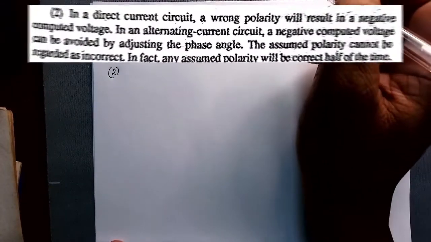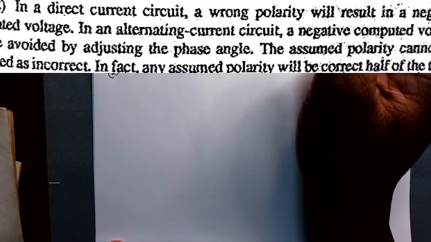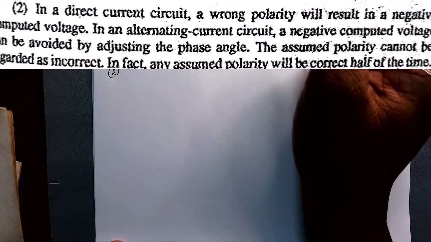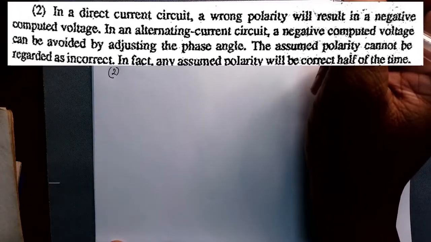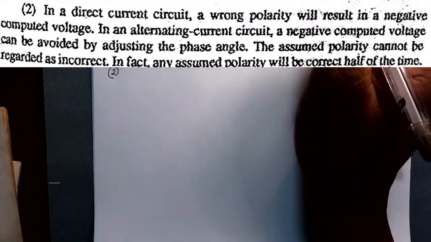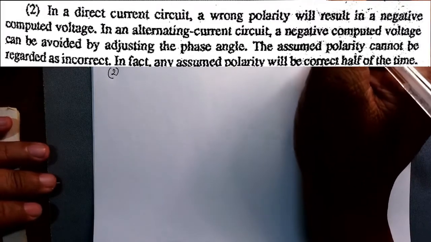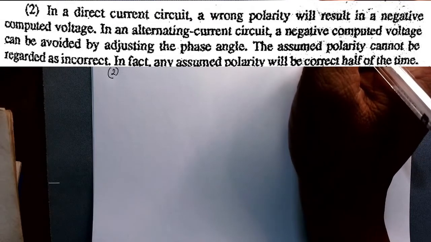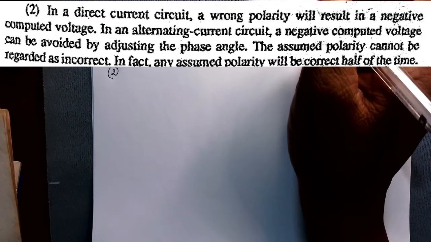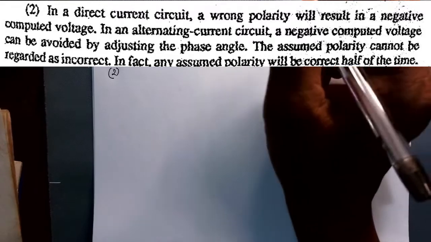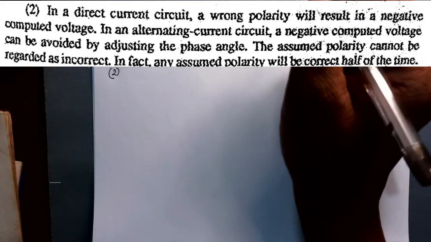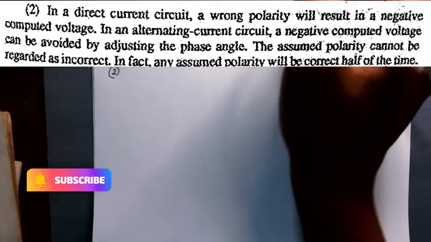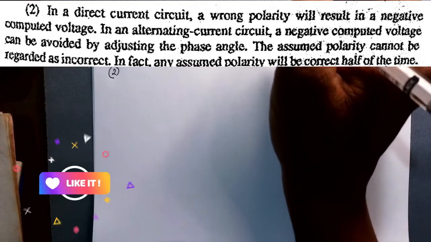And for number two, in our direct current circuit, wrong polarity will result in a negative computed voltage. So a negative polarity can be considered as wrong polarity in DC circuits. But in alternating current, if the computed voltage is negative, it can be avoided.